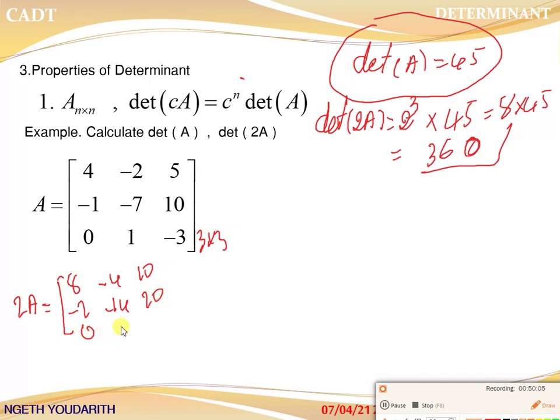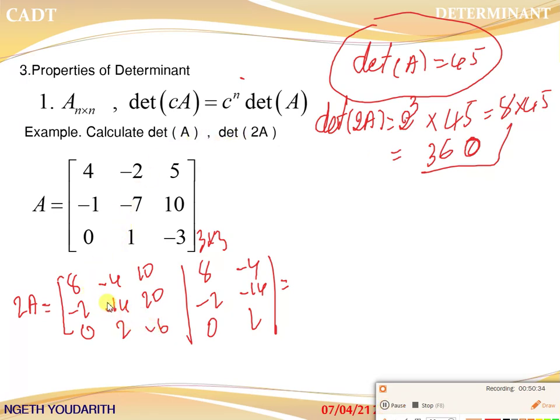And about 2A, at this point I write 8, minus 4, 10, minus 2, minus 14, and 20. This one is 0, 2, and minus 6. So I get 8 minus 2 minus 0, minus 4, minus 14, and 2. So we can calculate this one.